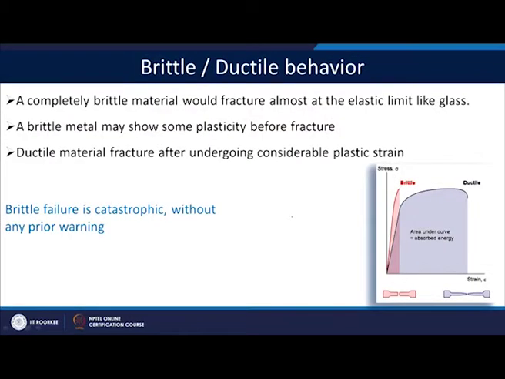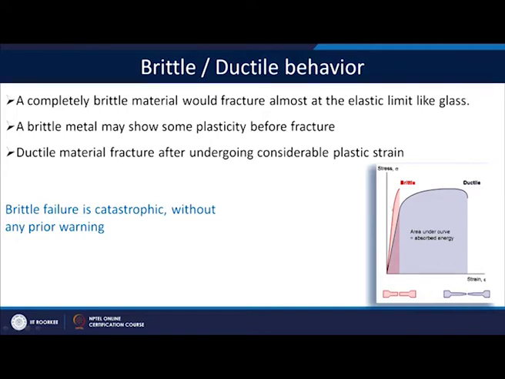Then there can be different behavior, brittle or ductile, of the material. So, what do we mean by brittle fracture, brittle behavior or ductile behavior? In case of a material which is showing brittle behavior, the fracture will occur almost at the elastic limit.